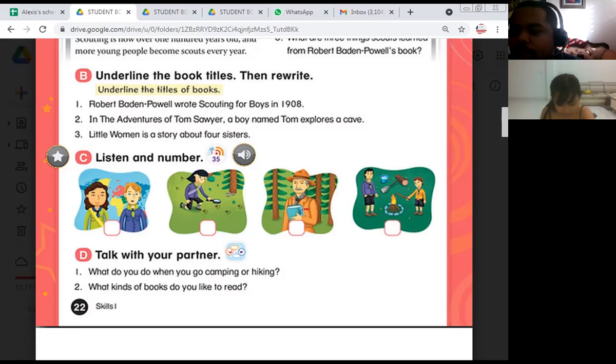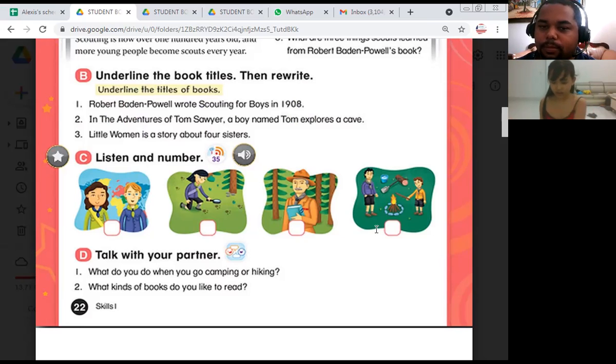Actually he has a book handy, and apparently he's going to read a book or he's reading a book. So let's see. And what about number four? Number four is, they are, let me see.